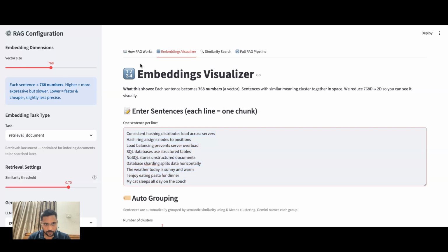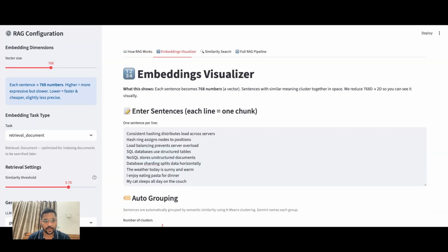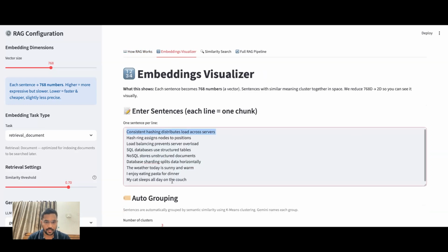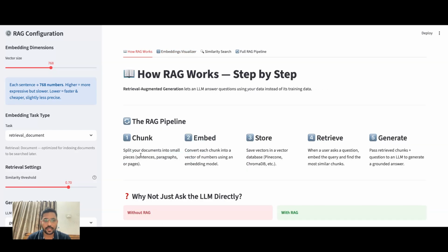Okay, so how RAG works actually is, it has two stages. In the first stage we do indexing. Whatever whole internal data we have, for this example, this is our internal data. In the first stage we will do indexing of that data.